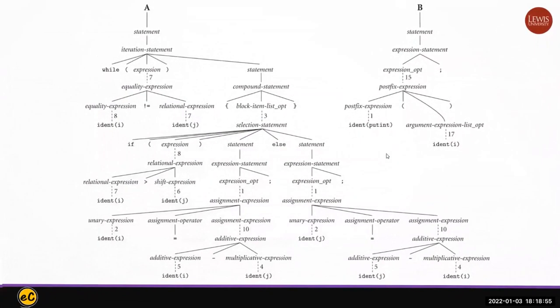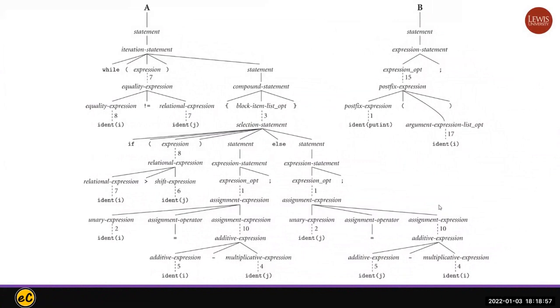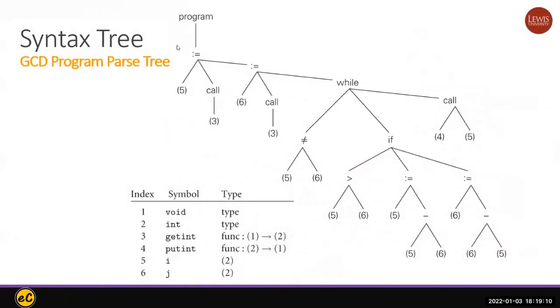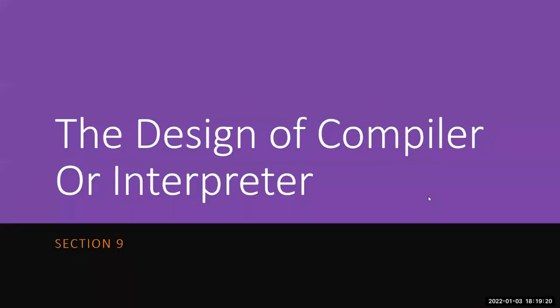It's so huge, so we don't go into the detail, but remember this is the structure of your program when it's compiled, using a parser to build the syntax tree. Based on the syntax tree, we later do evaluation and generate the intermediate code.